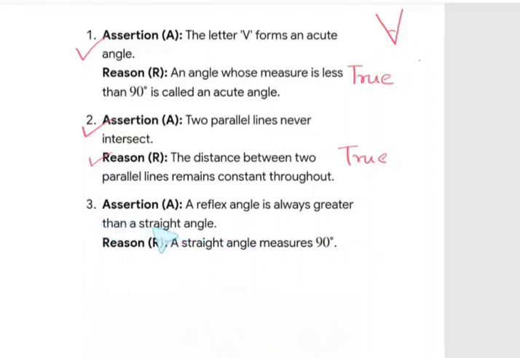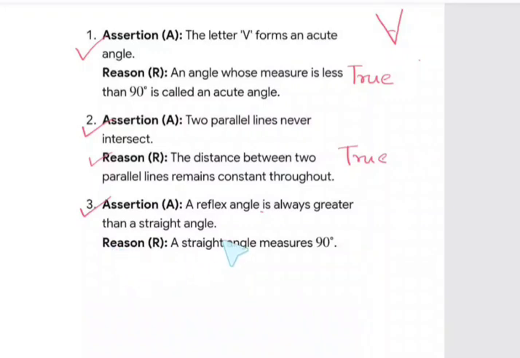Third question. Assertion: a reflex angle is always greater than a straight angle. A reflex angle measures more than 180 but less than 360. Since a straight angle is exactly 180, a reflex angle is always greater. So the assertion is true.